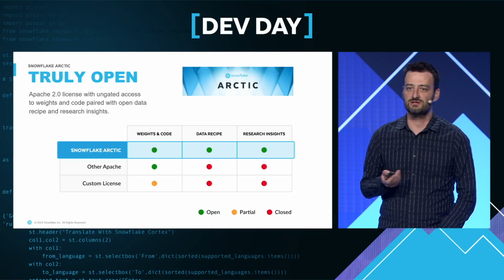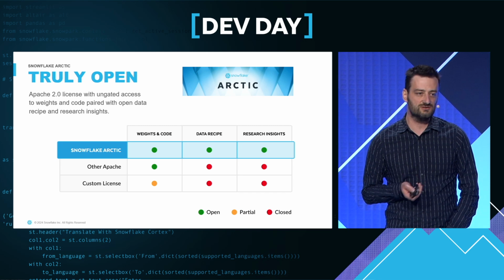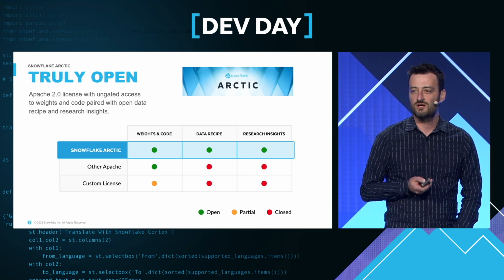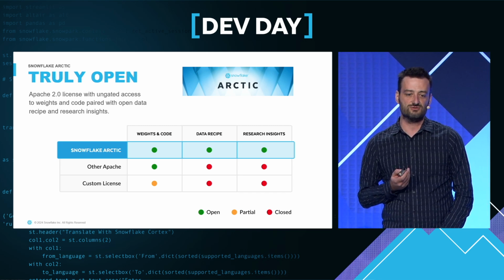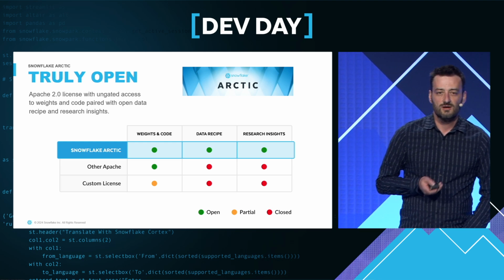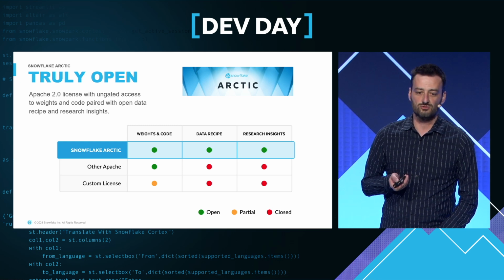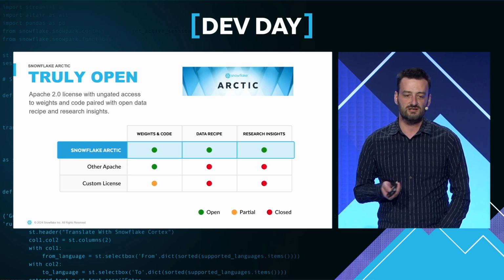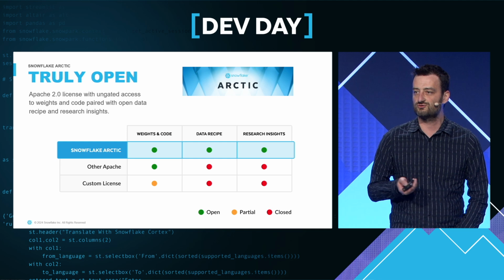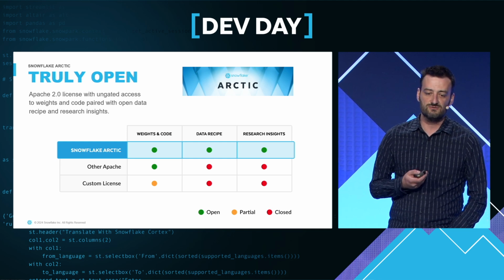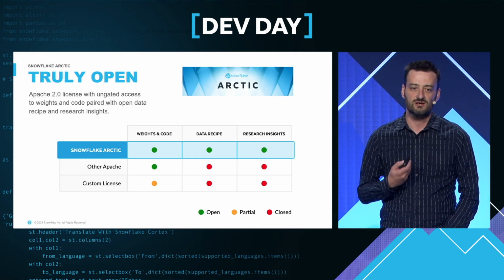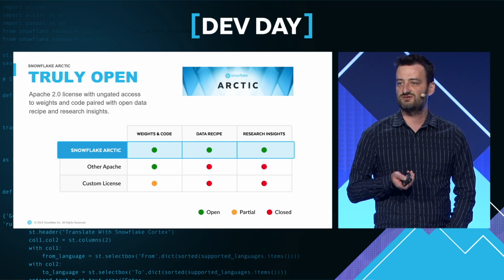Hi, everyone. As Doris mentioned, we have benefited quite a bit from the open source information that's out there while developing Arctic. So for the launch, when we announced Arctic, one thing that we really wanted to do was to make sure that we do it in a truly open manner. For that reason, we not only released Arctic with an Apache 2 license that is essentially giving ungated access to the weights to use in commercial applications as well, but we also committed to sharing insights and also data recipes around Arctic.